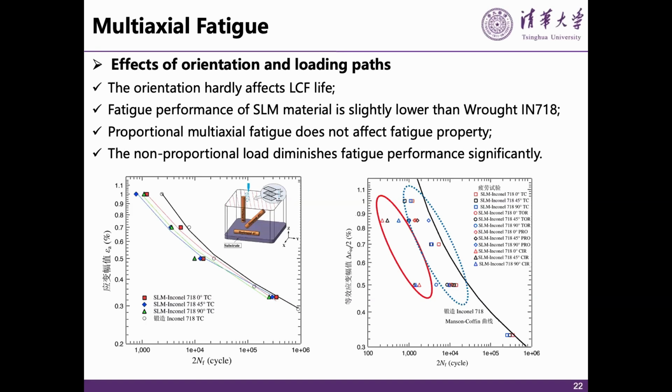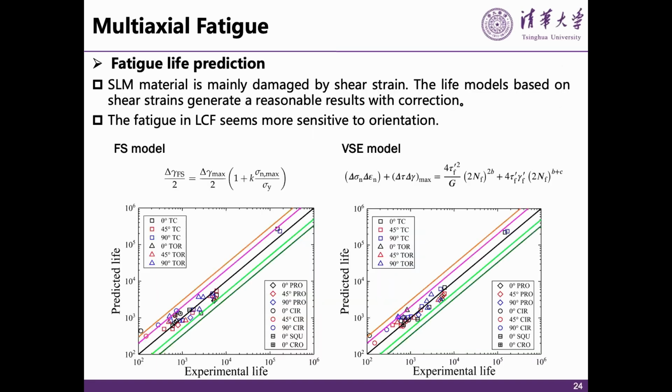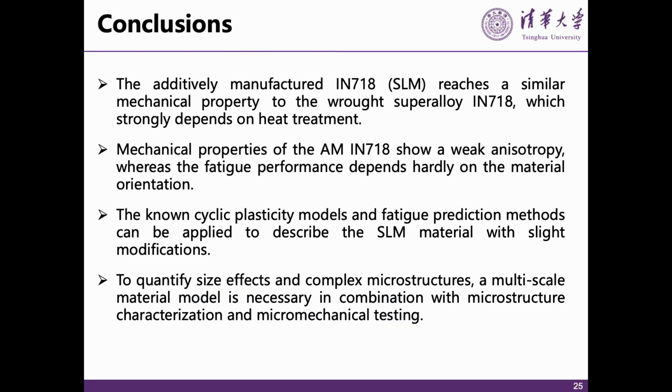It depends on what kind of variable you use. If you use delta epsilon as a variable, you see the scattering becomes more significant. But this effect can also be eliminated if you use an actual multi-axial fatigue model. The scattering is within a factor 2 band, more or less. Therefore, in this sense, the material is actually not so bad.